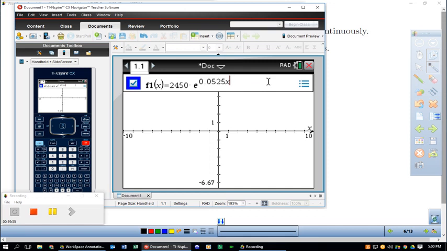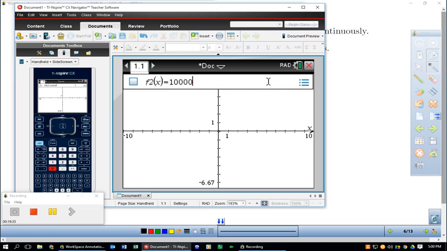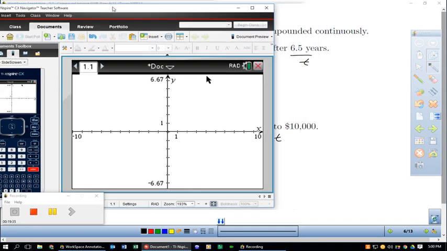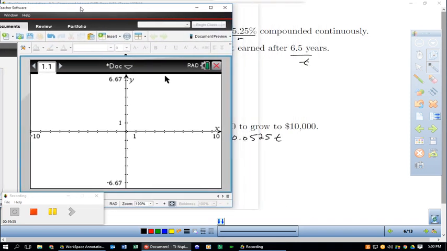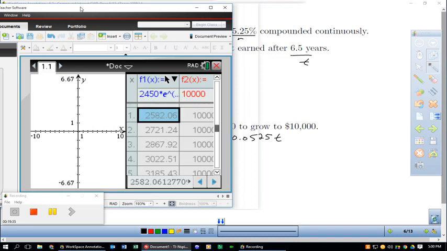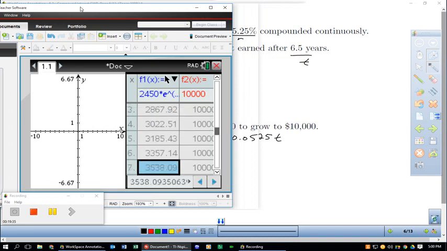Okay. Next equation, I'm going to hit down, and I'm going to put in 10,000. Now I can't see it, but I'm going to pull up my table, which in this case is Control-T. And I want to know when this amount right here is going to be 10,000.